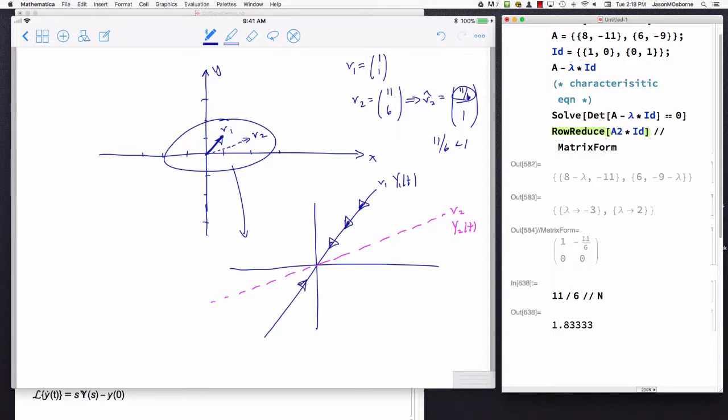If you're on this straight line, the solution is going to go into 0, 0. Along the second solution, the eigenvalue is positive, so initial conditions will go away from this equilibrium point 0, 0.